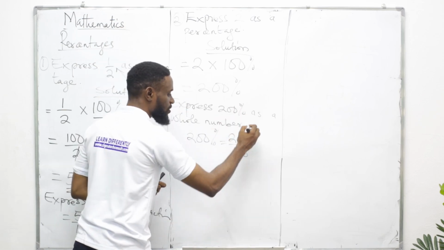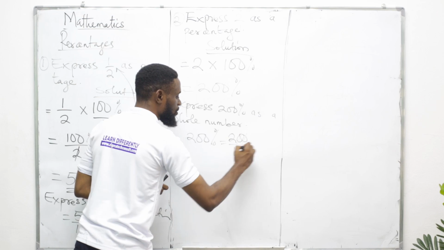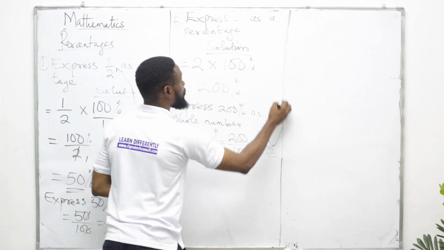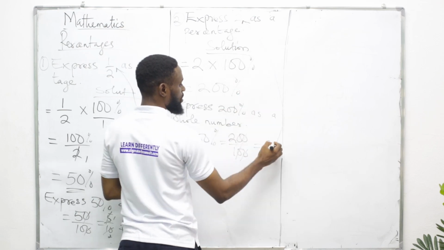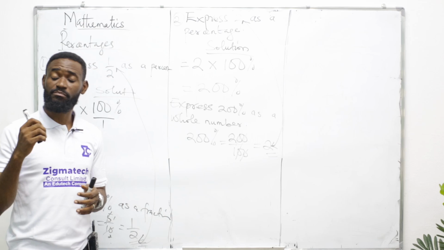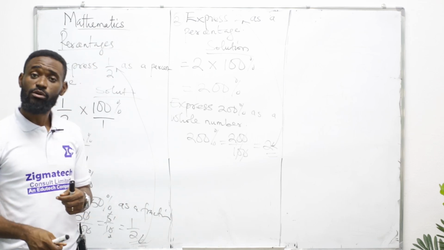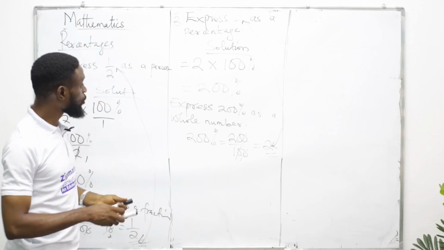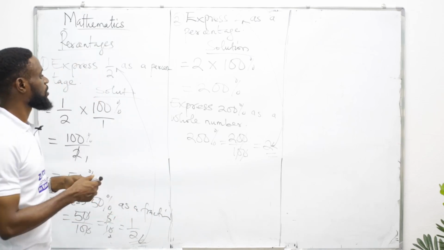So 0 cancel 0, 0 cancel 0, 1 into 2 is 2. Can you see that we have also gotten back our 2 here and our 2 here? So when you express any number as a percentage, when you reverse it, it gives you that same number that you just converted to percentage.